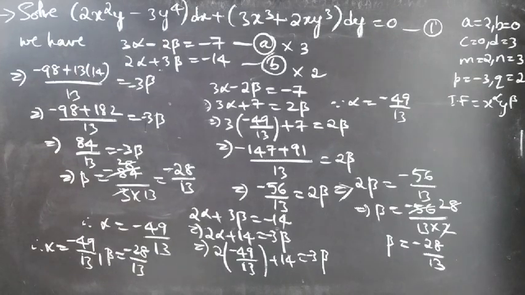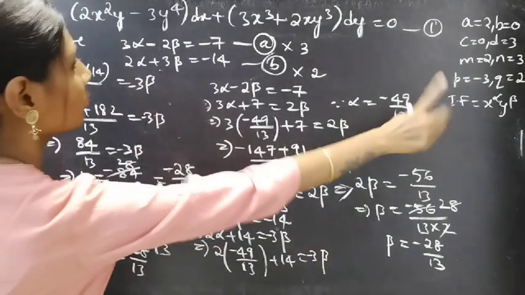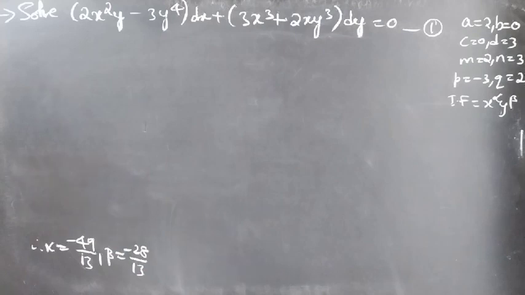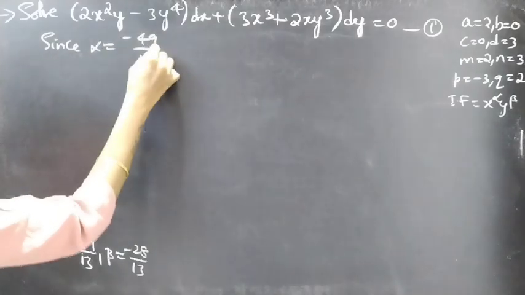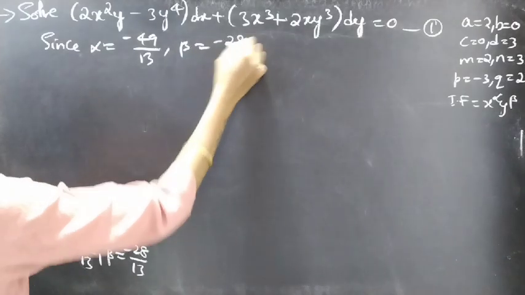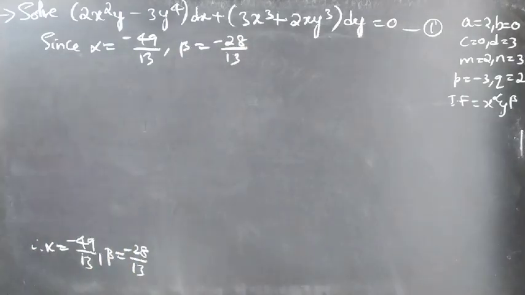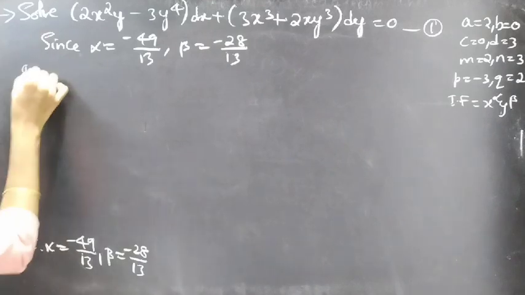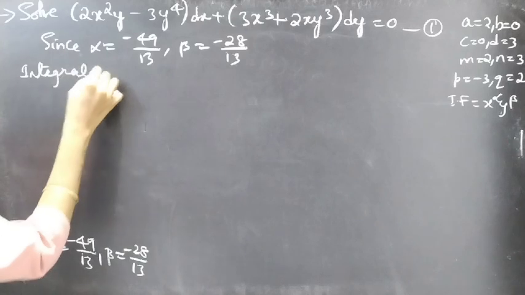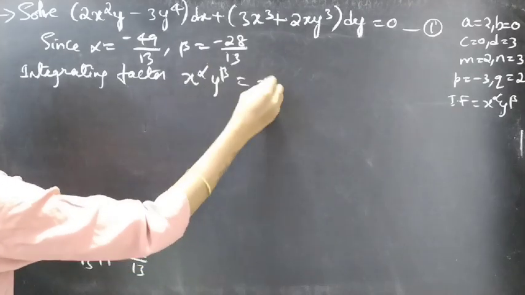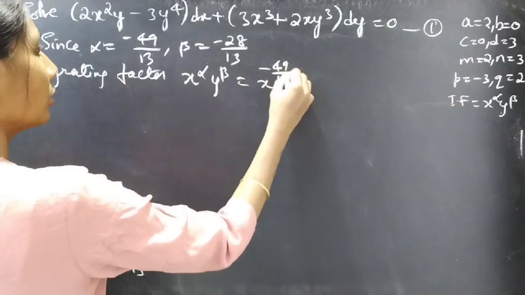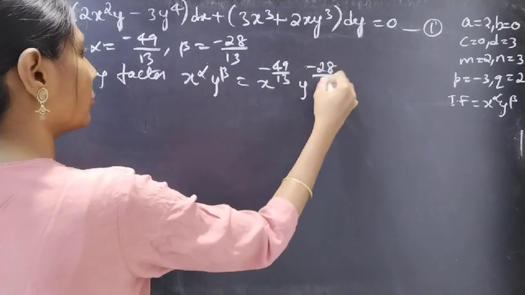Now we'll find the integrating factor using x power alpha, y power beta. Just substitute the values of alpha and beta in this. Since alpha equal to minus 49 by 13 and beta equal to minus 28 by 13. So integrating factor becomes x power minus 49 by 13 into y power minus 28 by 13.